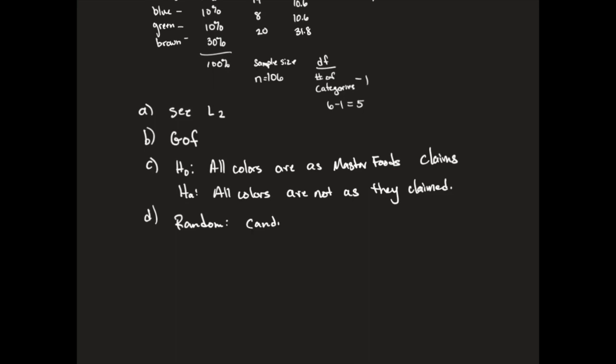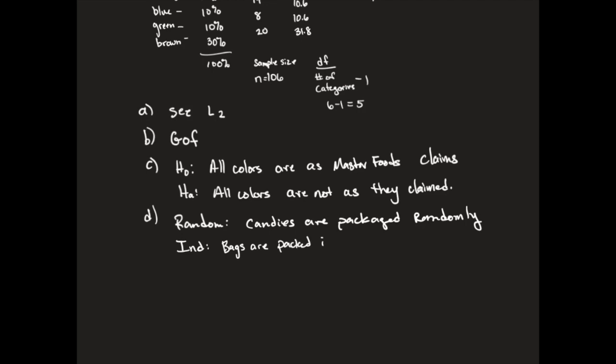Part D is asking for the assumptions and conditions. This is the same four we're pretty used to. Randomness: the candies are packaged in a random fashion. For our purposes here, we could assume that is a reasonable assumption to make, even though they don't technically state it. Independence: bags are packaged independently.